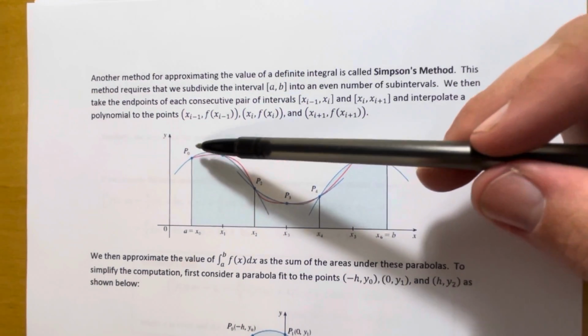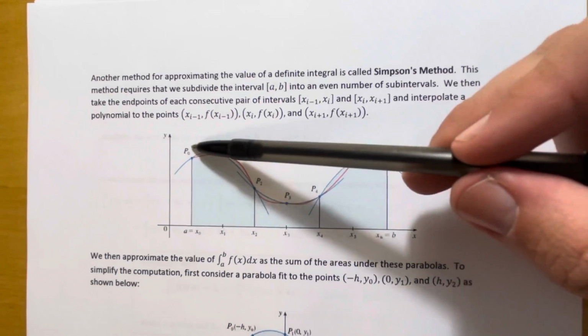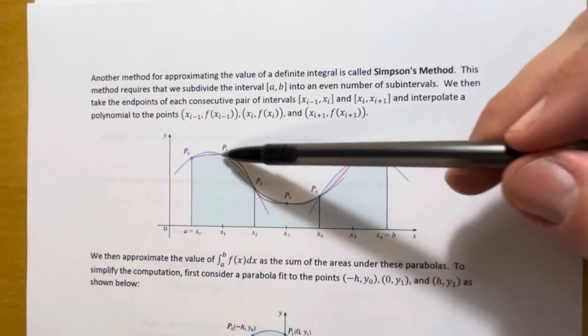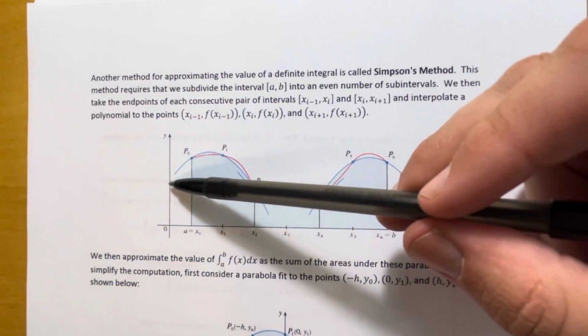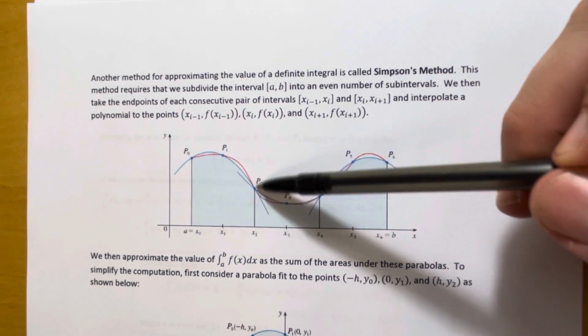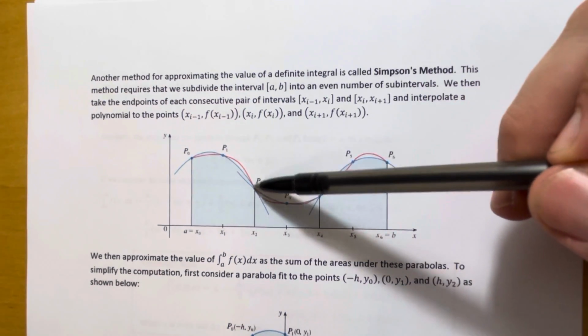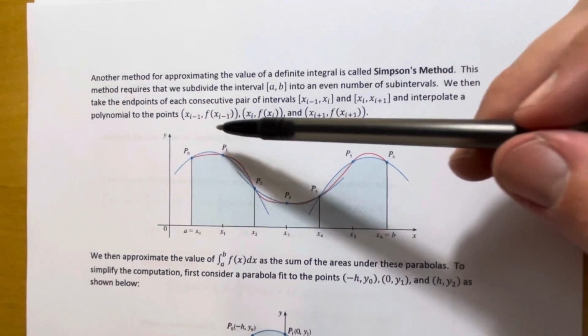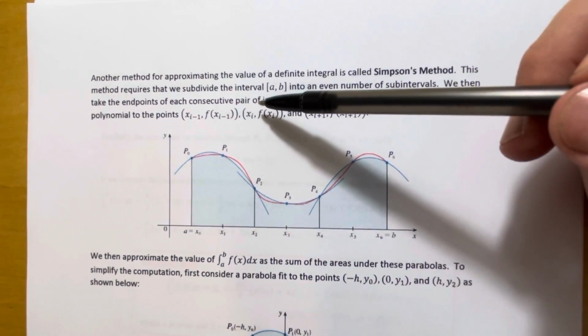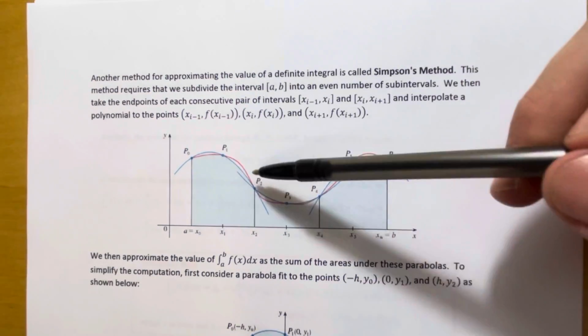We're going to use the fact that for any 3 non-collinear points in the plane, there's a unique parabola that contains all 3 of those. So you can see that I have this red parabola right here. Or actually, I'm sorry, the red ones are the parabolas.